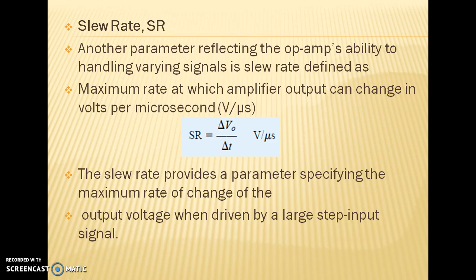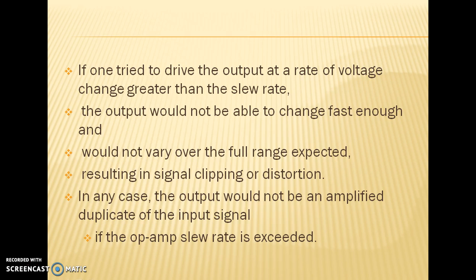The slew rate provides a parameter specifying the maximum rate of change of the output voltage when driven by a large step input signal. If one tried to drive the output at a rate of voltage change greater than the slew rate, the output would not be able to change fast enough and would not vary over the full range expected.